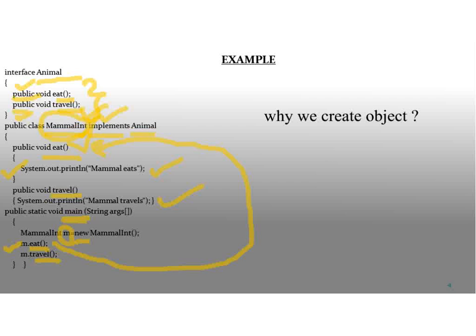So we have m.eat. What will happen when m.eat is executed? The control will be transferred to the function eat, and then this statement will be printed, that is, mammal eats. Now when we use m.travel, this function will be called, so the control will be transferred to the function public void travel, and then this statement will be displayed.